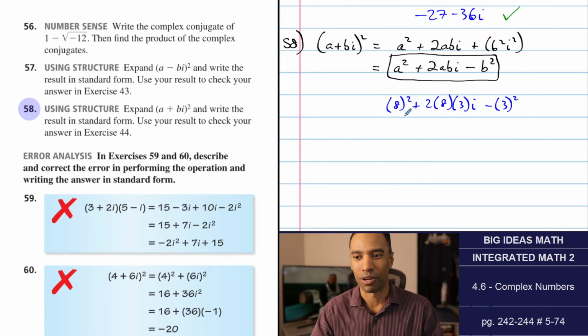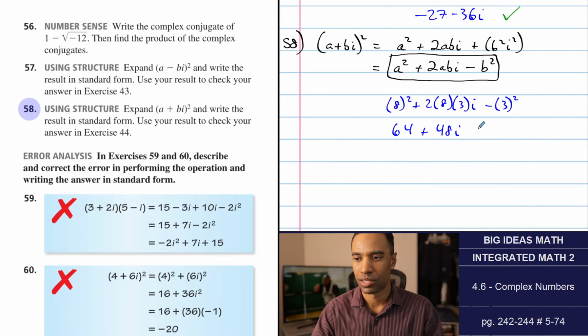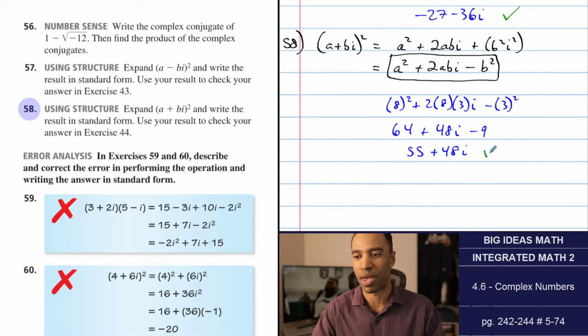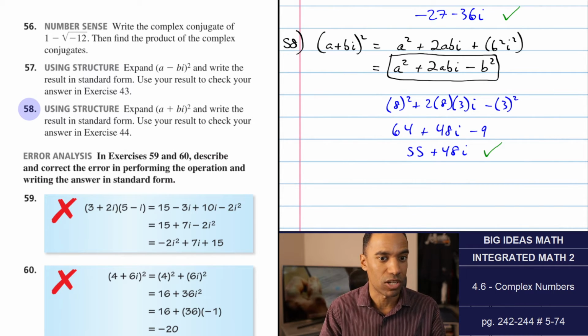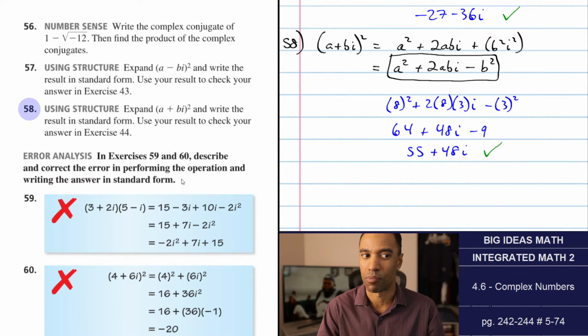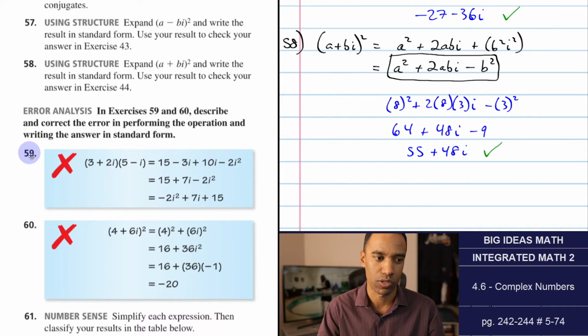So it should be the same answer. 64 plus 8 times 3 is 24, doubled is 48. Minus 9, 64 minus 9 is 55. I don't know if they expected you to FOIL in some cases versus others, or if this expansion meant don't do that, but we're doing the same work. So same answer, as it should be.